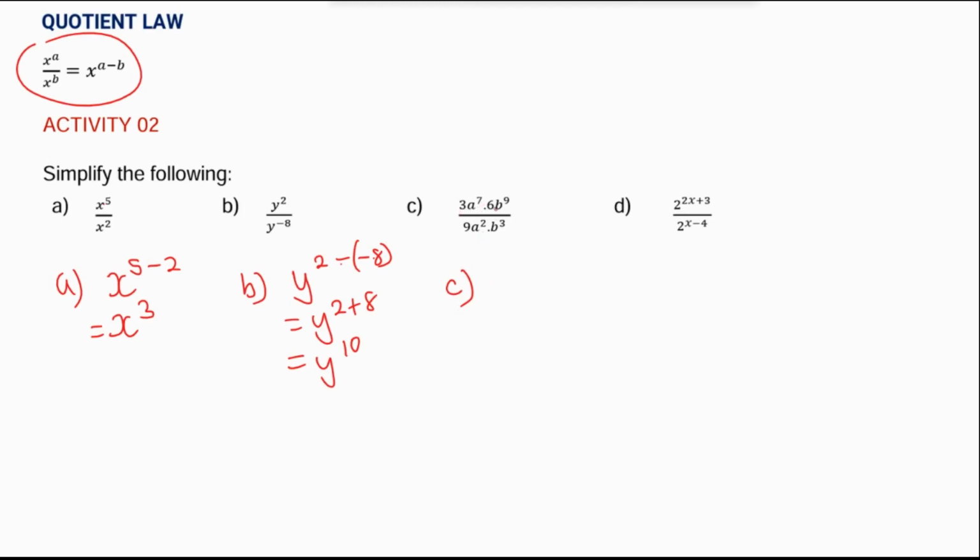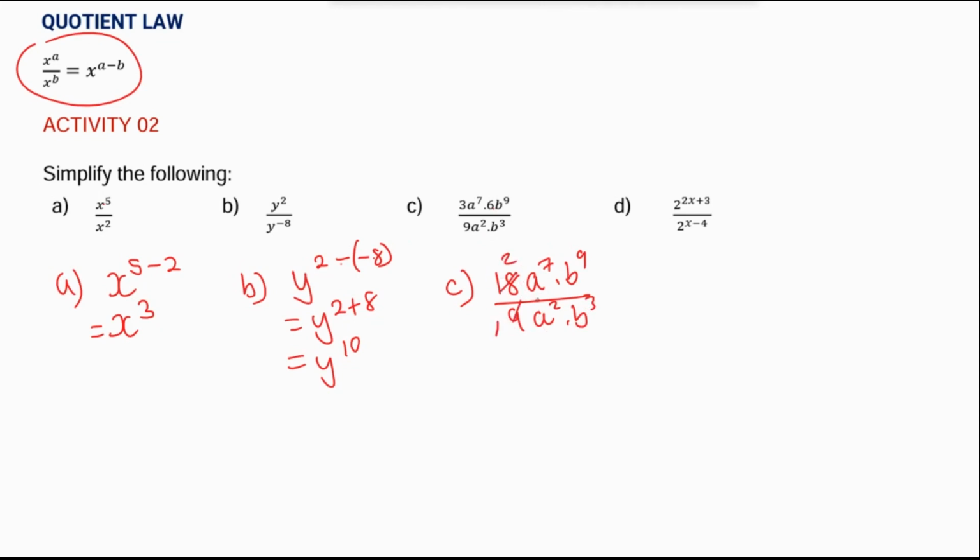we can even start by multiplying the coefficients 3 and 6 and get 18. So we have 18 times a to the power 7 times b to the power 9 over 9 times a to the power 2 times b to the power 3. Right? 9 into 9, 1, 9 into 18, 2.